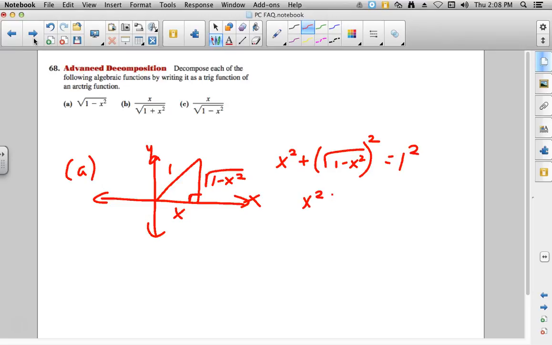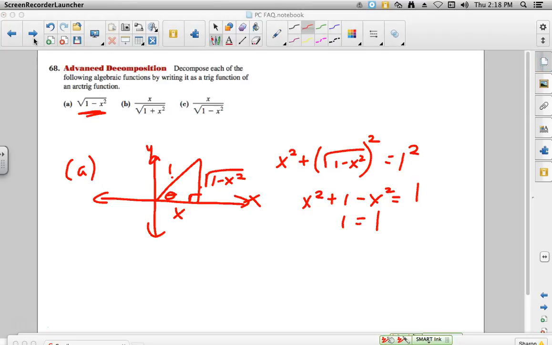Well, this would be x squared plus 1 minus x squared equals 1, and the x squareds cancel out. So it does verify that what we were doing before was the right process. And so now I have this set up, and I just need to figure out a way to get them to do 1 minus x squared.